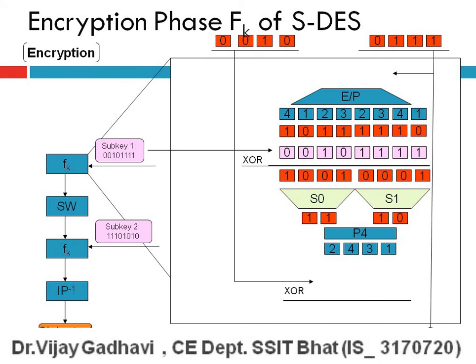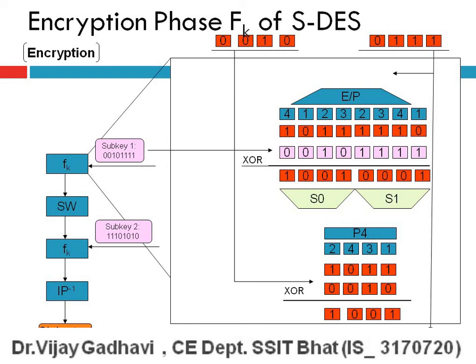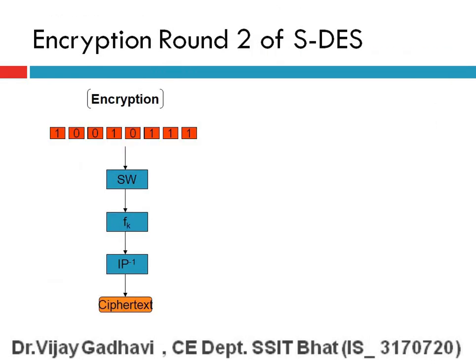Now S0 and S1 give 1 1 1 0. Now look once again, XOR operation and permutations are there. Once again the same step. Now this is our plaintext. Now the operation is completed according to the bit transfers, swapping and inverse permutation.